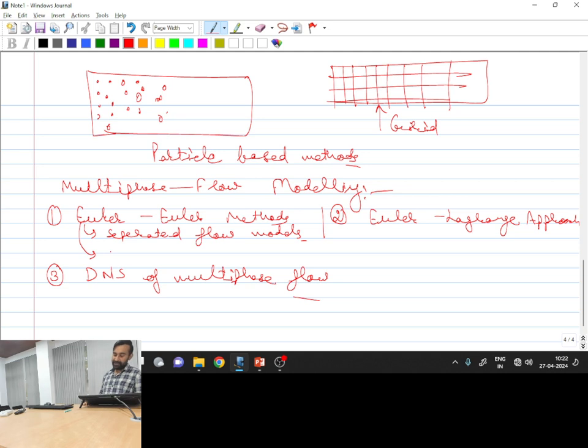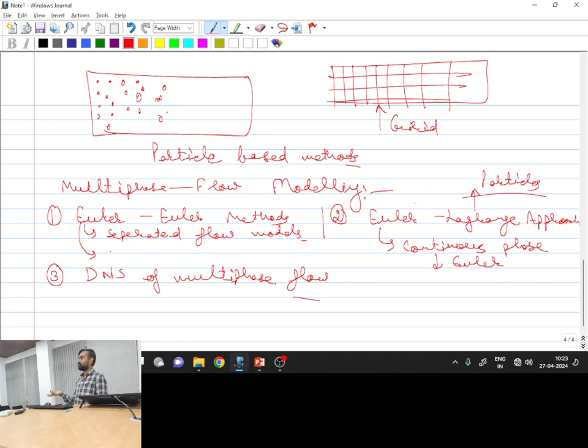The second approach is the Euler-Lagrange approach. In this approach, the continuous phase is modeled using the Euler approach and particles are modeled using the Lagrange approach. For the continuous phase we have continuity and momentum equations, and for particles we have discrete particles.